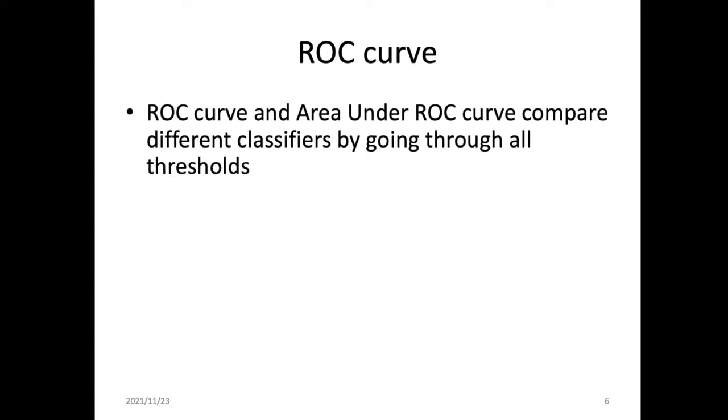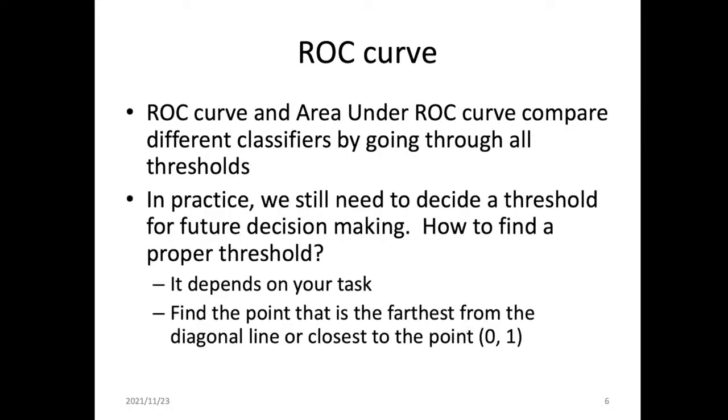Oh, and the other question is, after you report, for example, the area under the ROC curve, in practice you still need to decide a threshold somewhere in the future, so that at the prediction phase, you can say this instance is positive or this instance is negative.